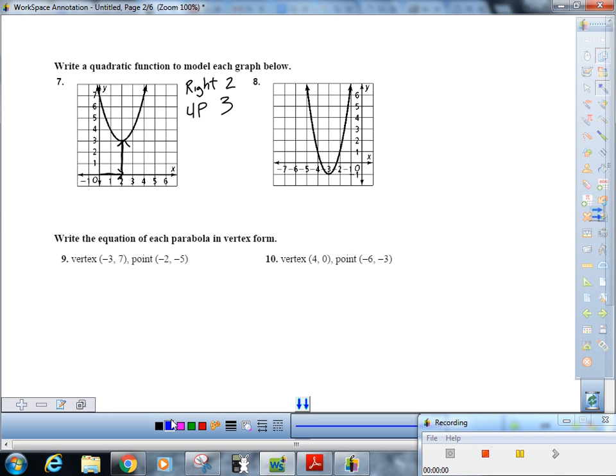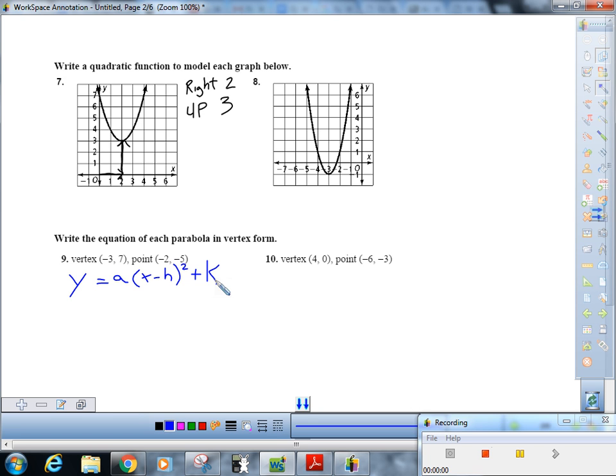Okay. Now, all of these are going to have the equation y equals a times (x minus h) squared plus k. If you remember, (h, k) is the vertex.